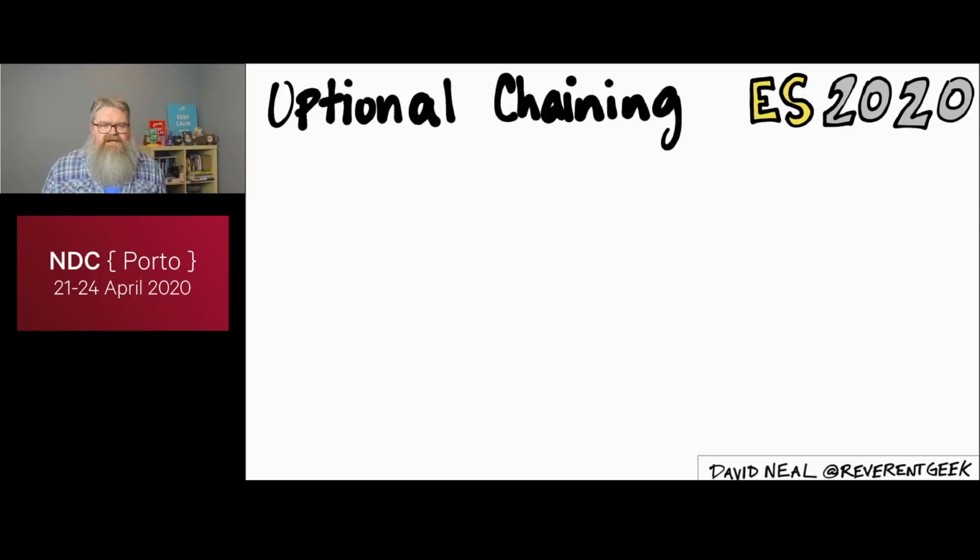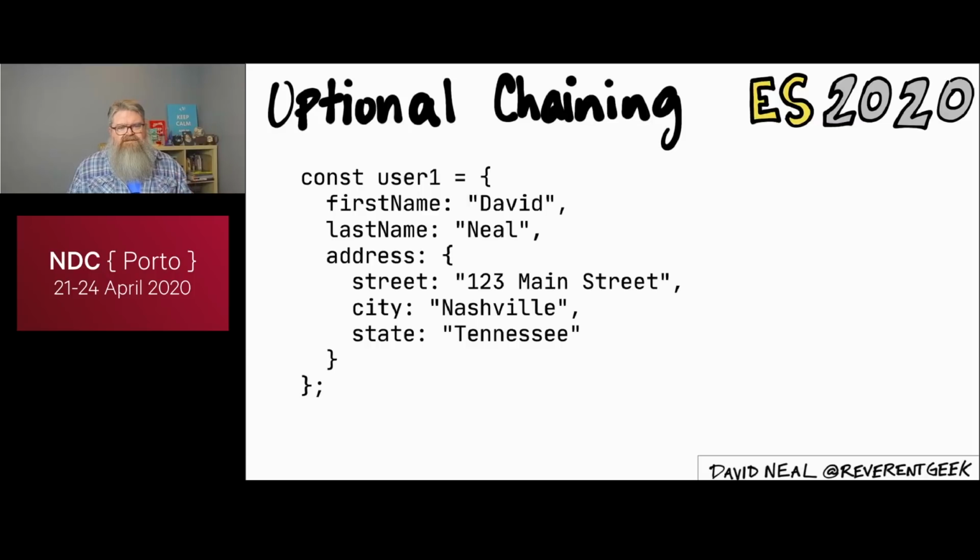One is optional chaining. This feature allows us to safely access deeply nested properties in a JavaScript object. So imagine you have a JavaScript object like this one, and the address, or some of the properties on the address, or maybe the address itself is optional. Of course, everything in JavaScript is optional, but you know what I'm saying.